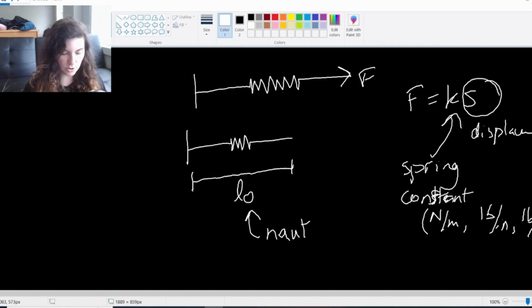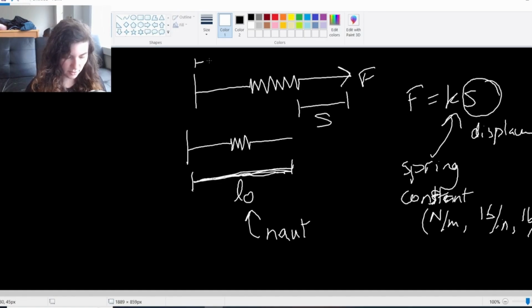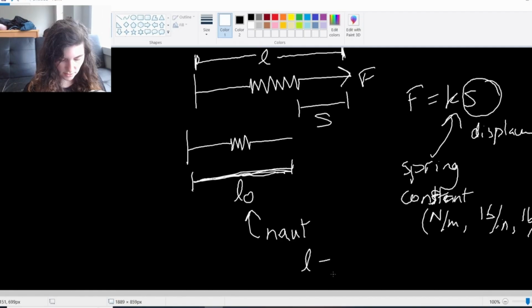And then when I do stretch out this spring and subject it to a force, now it goes this additional length, S. This is how much the length changed from L naught to its final length, which we often just call L. Its final length of L minus L naught is what represents S, the displacement.